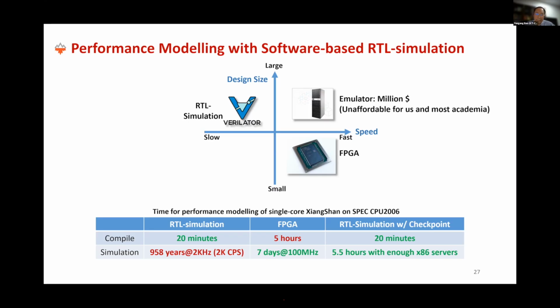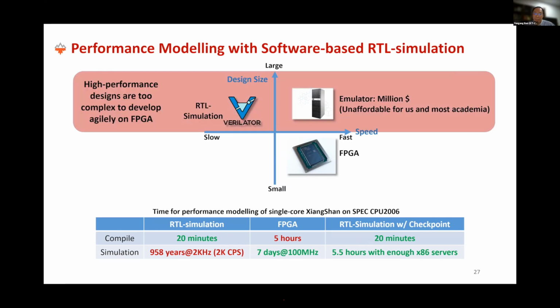Software-based simulation, for example VCS, is able to simulate the whole RTL design, but it's very, very slow. So we want to figure out a way to speed up software-based RTL simulation.